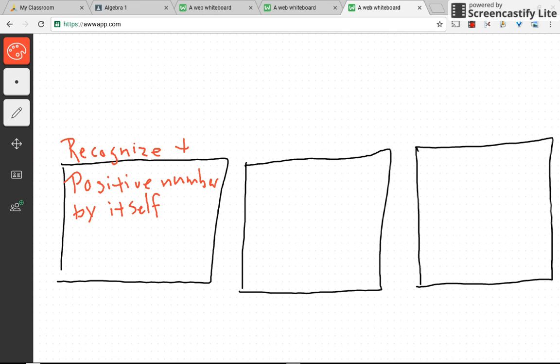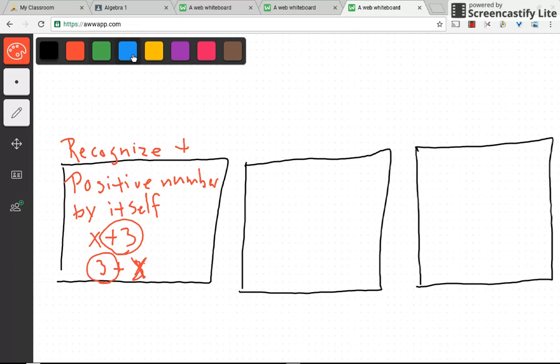Which would look like x plus 3. There it is right there, our positive number by itself. Or it could look like this, 3 plus x. Sorry about that. And there it is. So that's recognizing addition.